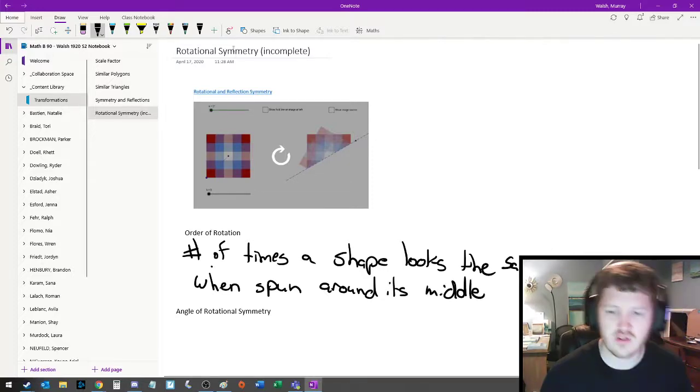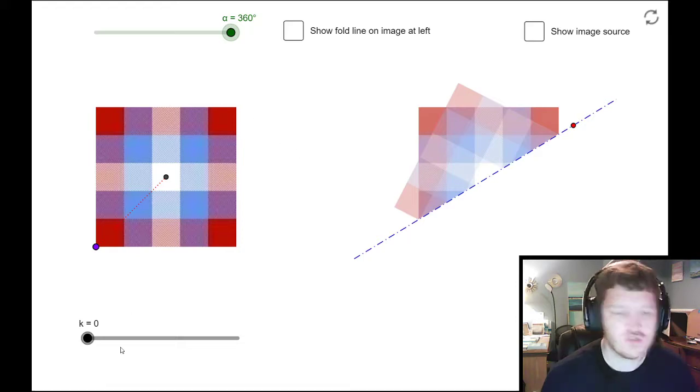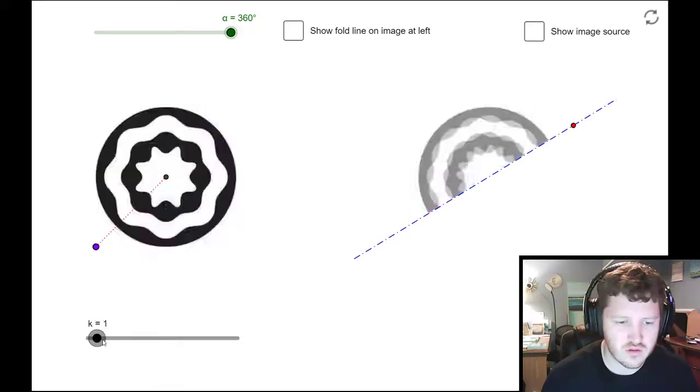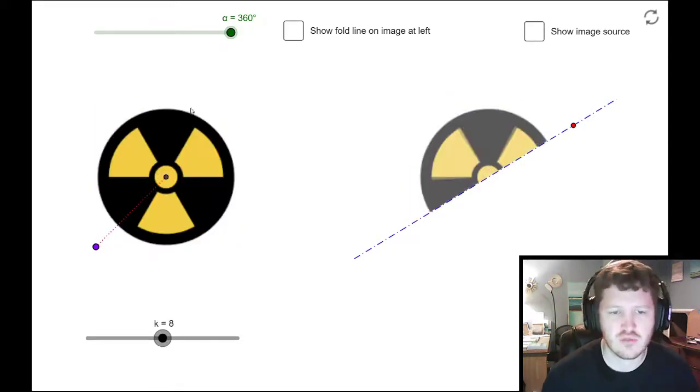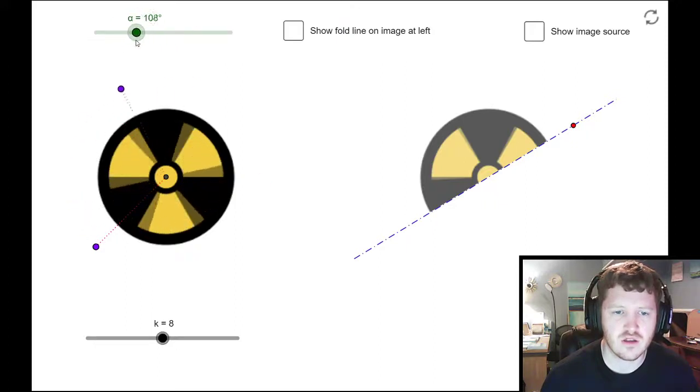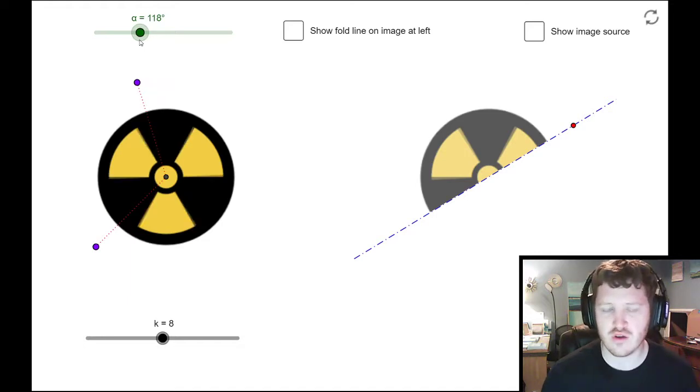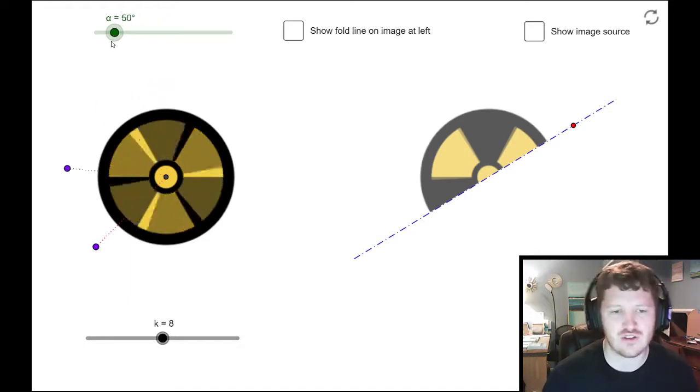So let's look at another example. So if we go to, let's go to 8. For this shape, does this shape have rotational symmetry? It looks like it does. So to confirm, we can spin it around and say, yep, it looks the exact same before we went all the way around. So already we can say it does have rotational symmetry.